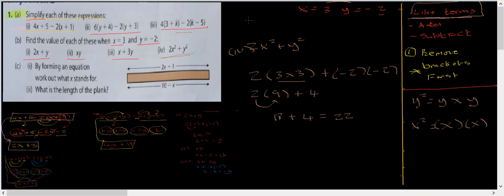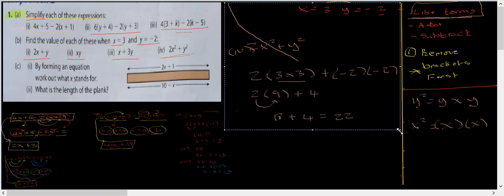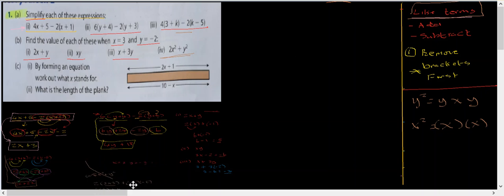So let's continue on and let's work on part C. I just want to remove these. Put it down here. Okay, so part C then. So when we look at this, by forming an equation, work out what x stands for.